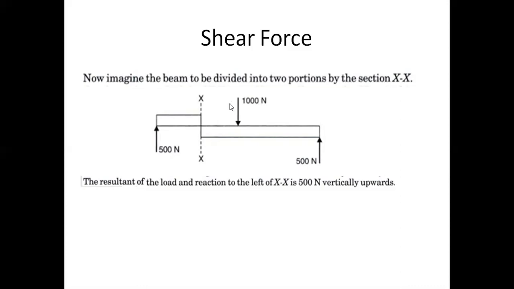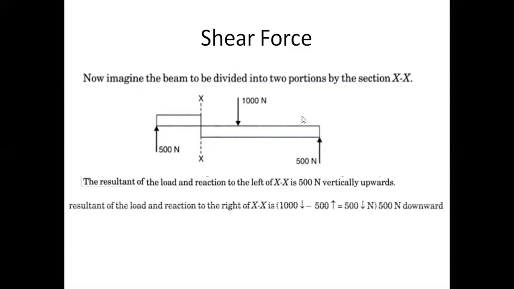Now we come to the right hand side of the XX section. There you have two forces: 1000 newtons downward and 500 newtons upward. So what will be the net resultant? Because 1000 downward and 500 upward, the resultant force will be 500 newtons downward.